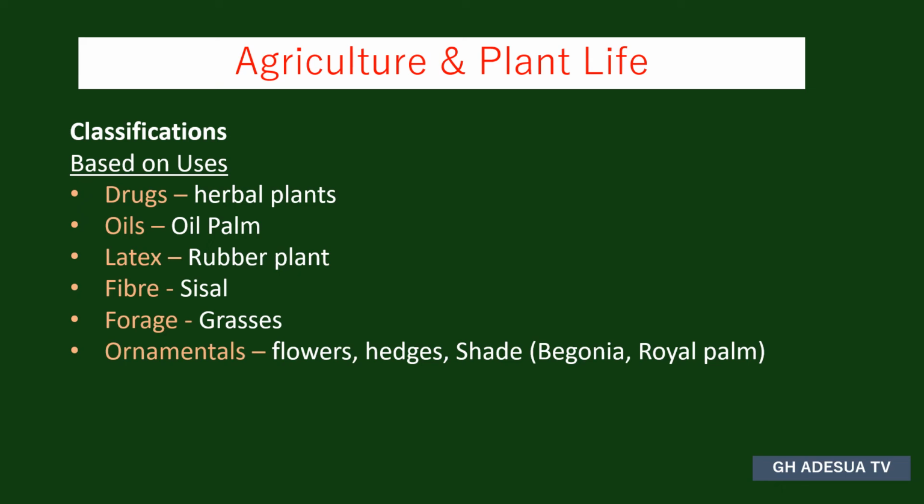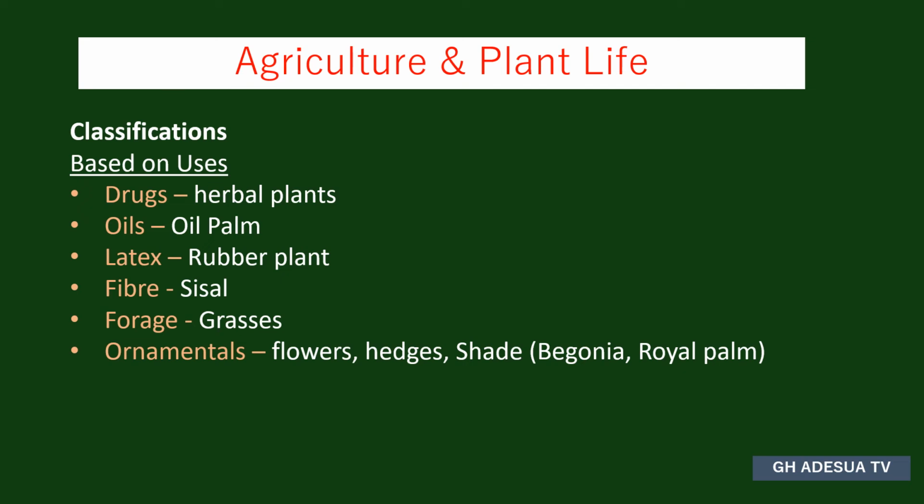Then we have latex. Latex is what is used to make your foam. Now, latex includes the rubber plant, and the rubber plant is a major source of material for latex. Then we have fiber. Fiber is used to make the sack. The brown sack in which cocoa is packed is made of this material, fiber.